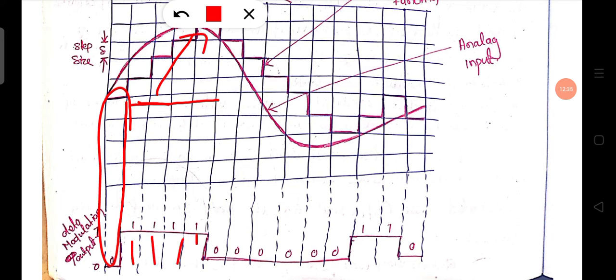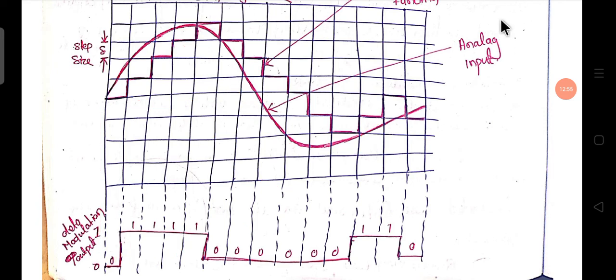From this to this is the downward direction, so 0 0 0 0 0 0, and again this is the upward direction, so 1 1, and the downward direction gives 0. That means in every bit, since this is upward, it is 1; this is upward, 1; this is downward, so it is 0.